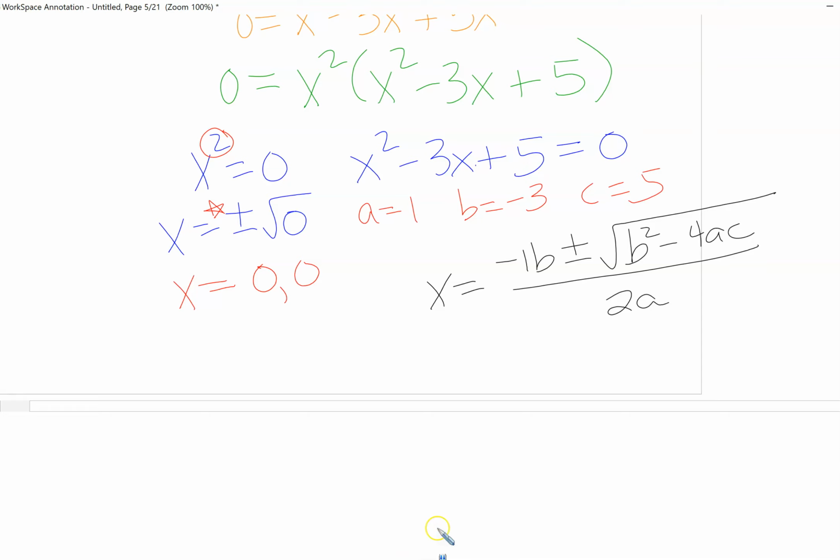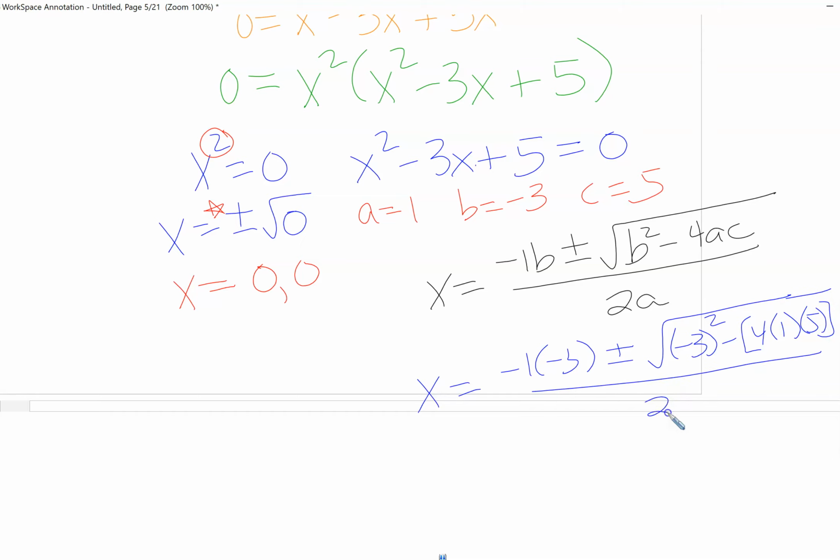Plugging in our numbers, we get x equals -1 times -3 plus or minus the square root of -3 squared minus the product of 4, a which is 1, c which is 5, all divided by 2 times a which is 1.